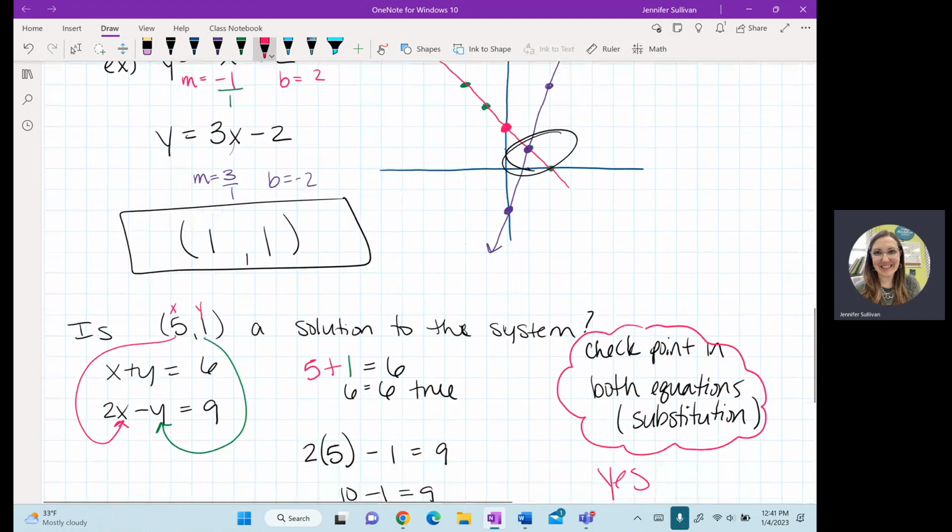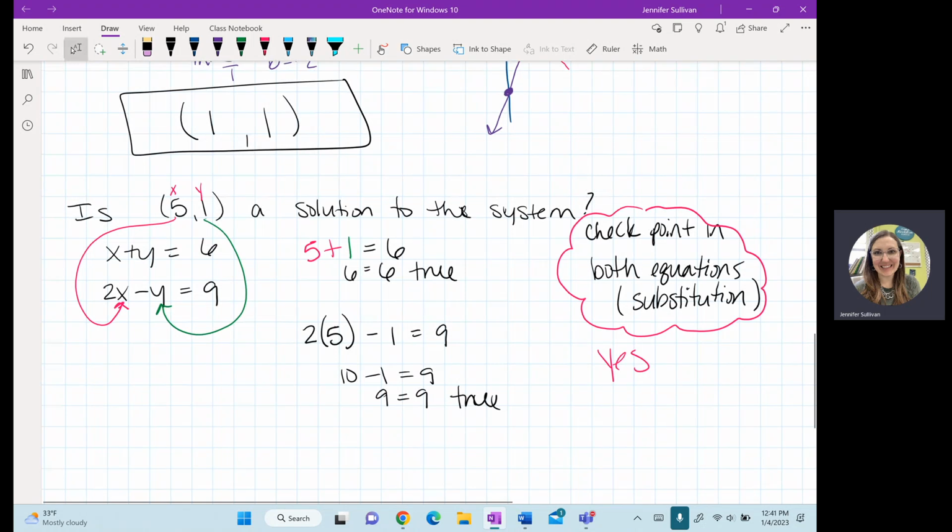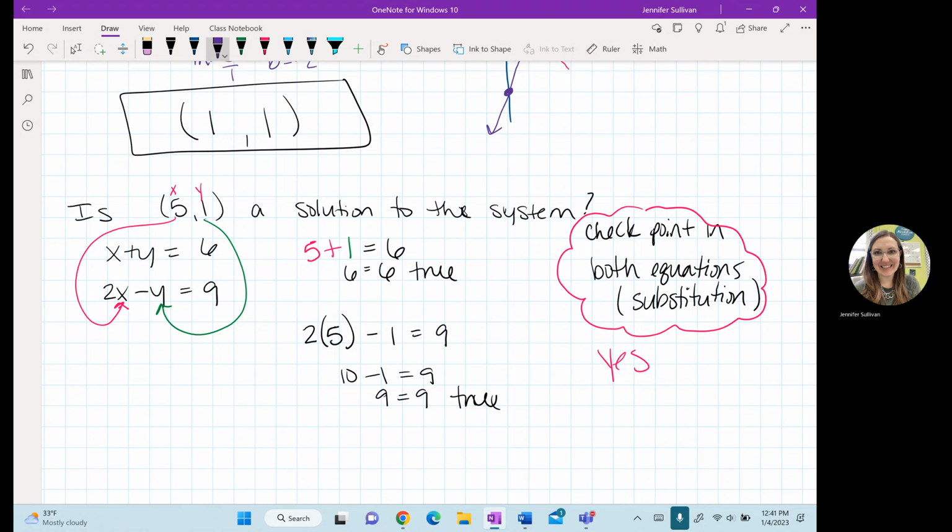If I'm asking you to check to see if a point is a solution, you plug in the x number for the x and the y number for the y and see if it gives me a true statement. If it doesn't work for either one of these equations, if one of these is false, then it's false for the whole thing and the answer is no.